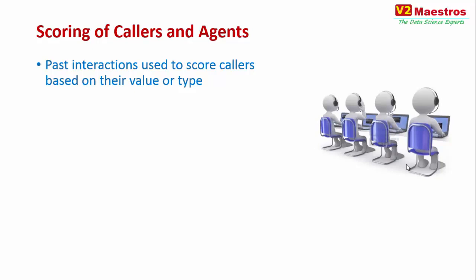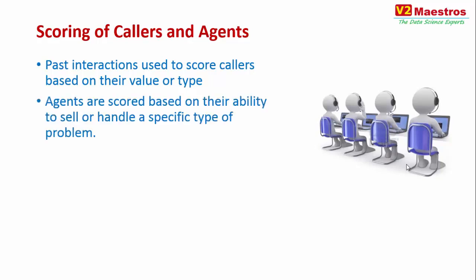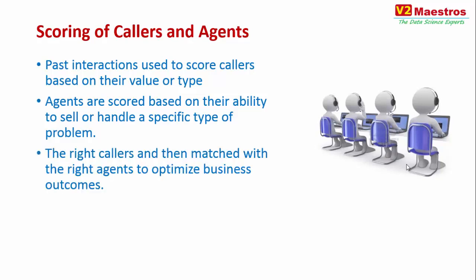They also score agents based on their ability to sell: high-selling agents versus low-selling agents, or agents who can handle a specific type of problem, like problems in a specific product, or let's say a network issue versus a phone issue. So what they then do is try to match the right callers with the right agents based on these scores.